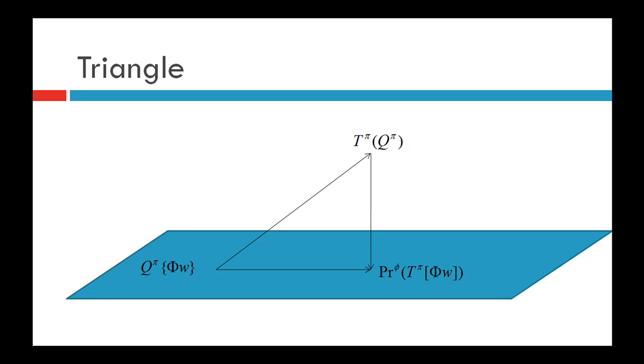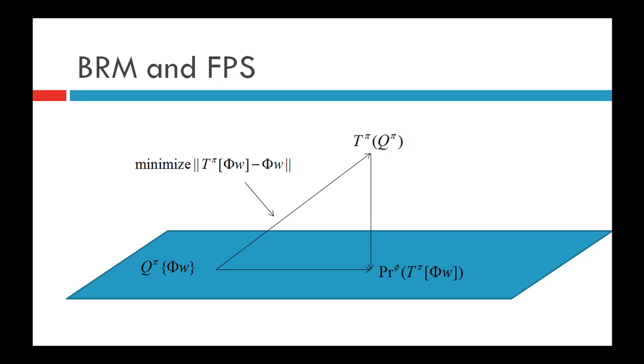So first consider the Bellman residual minimization. It minimizes, with respect to w, the norm of T pi phi w minus phi w, that is, the norm of the difference of these two components.